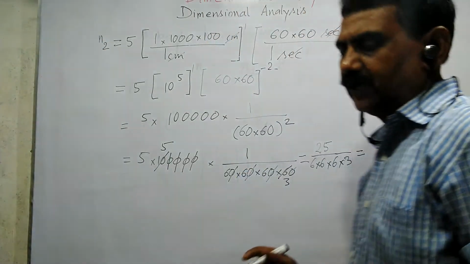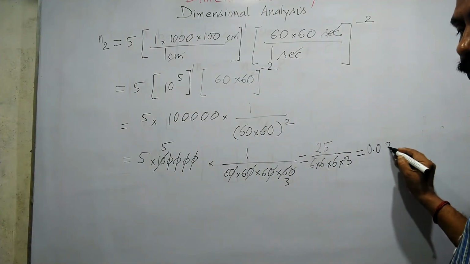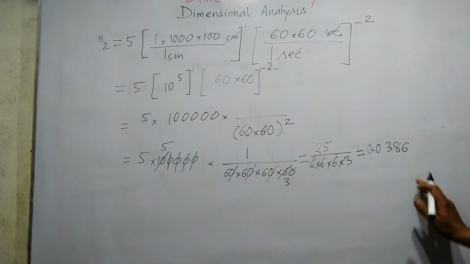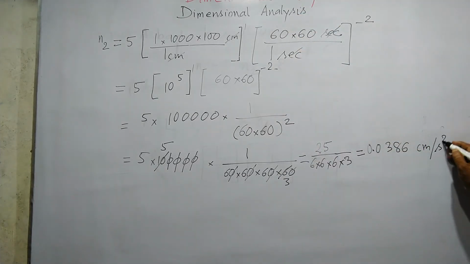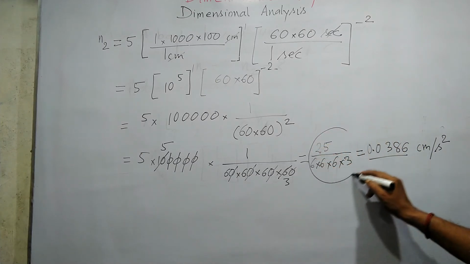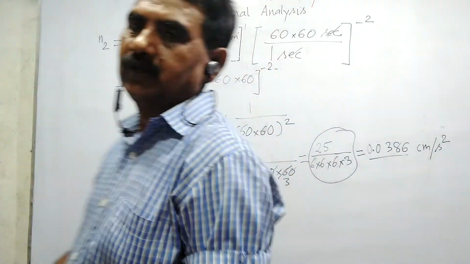Obviously this value will be 0.0386. You may check. The unit is in CGS, so centimeter per second squared. Calculate it and check, and you will get this value.